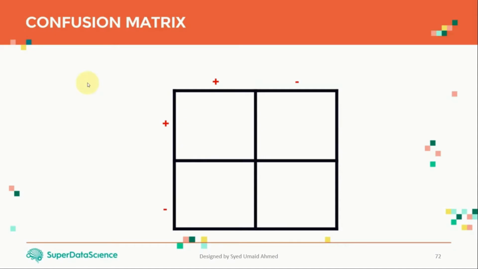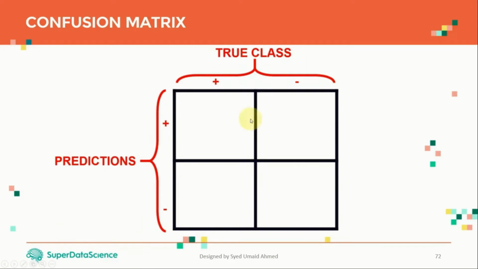Used for classification purposes, we're going to rely on what we call a confusion matrix, which is a matrix used to assess the performance of a classifier. What we do here is we have our model predictions and we have what we call the true class. So predictions are either positive or negative, one of two classes.